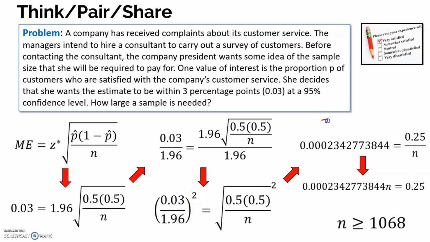Now, your calculator may say something like this: 2.34 times e to the -4, or something along those lines. Remember, this is scientific notation, and what you're going to do is move this over 4 decimal places to the left.